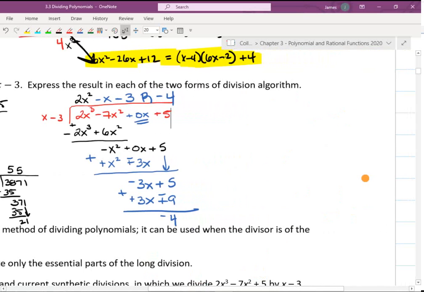When we write this then, we've got our p of x over d of x format. If you remember, that's the quotient, which was 2x squared minus x minus 3, plus the remainder, divided by the divisor, x minus 3.